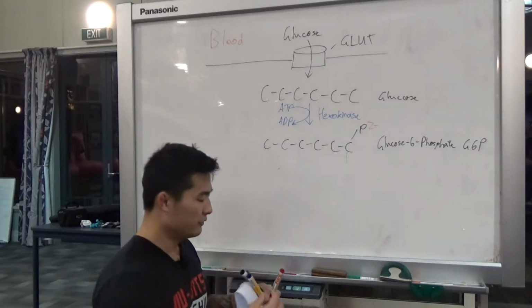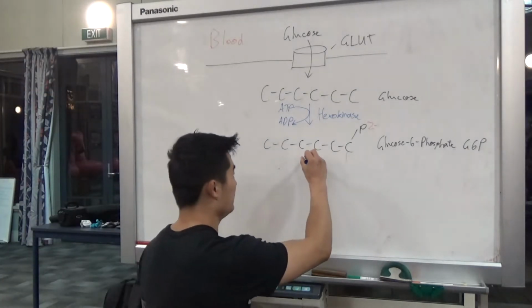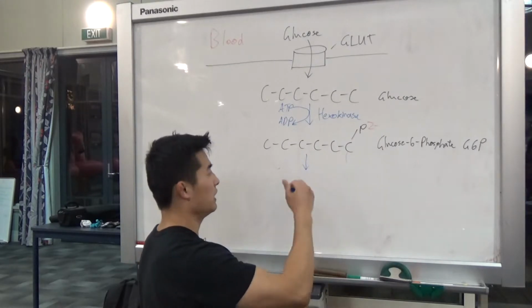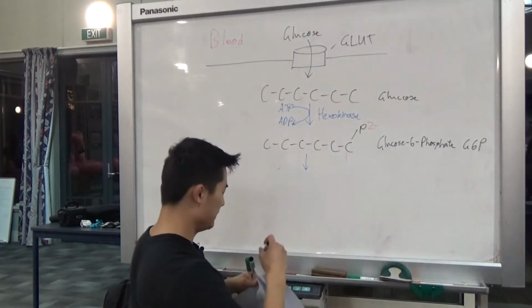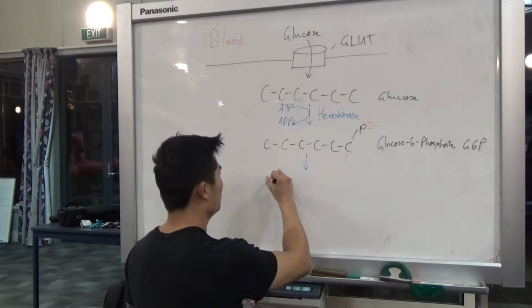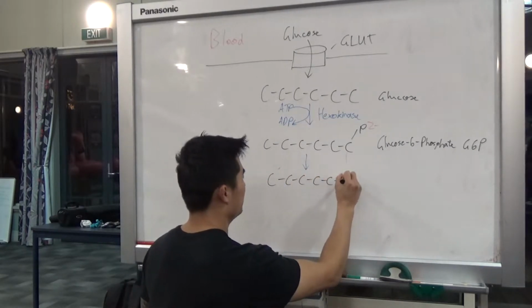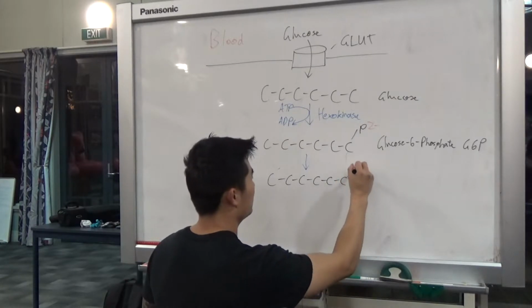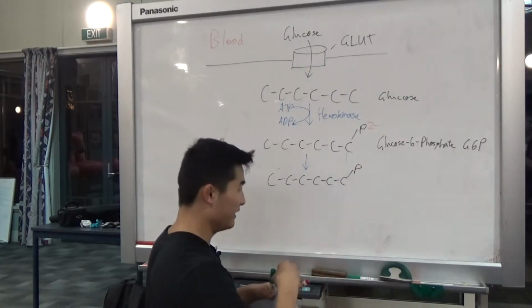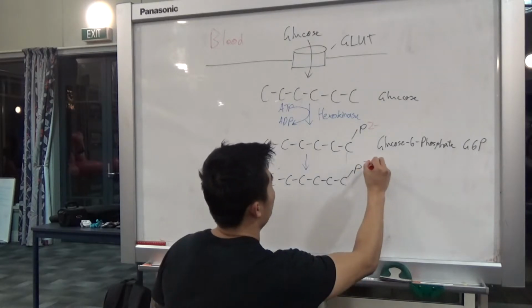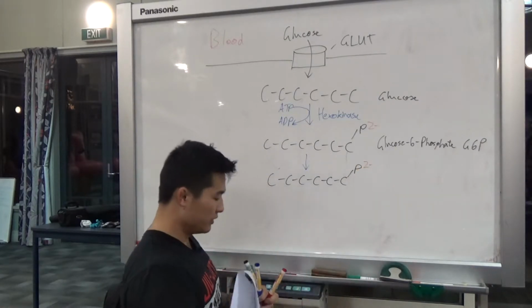And then we have a rearrangement. This one's not too important, so I won't spend too much time on it. It just basically gets turned into fructose 6-phosphate, but this is just a rearrangement. It's just allowing the next reaction to occur.